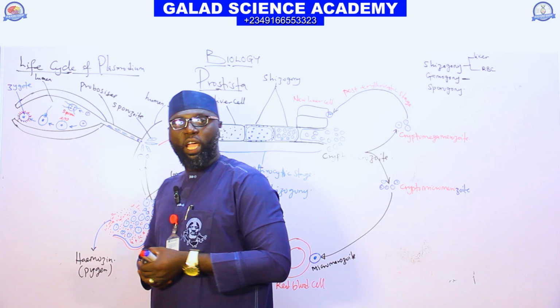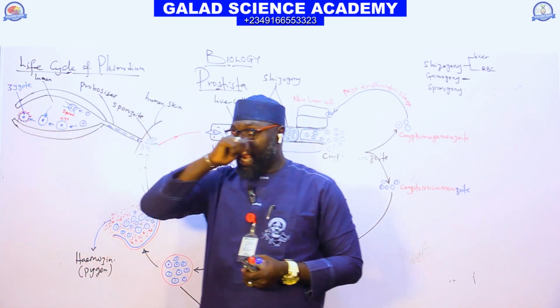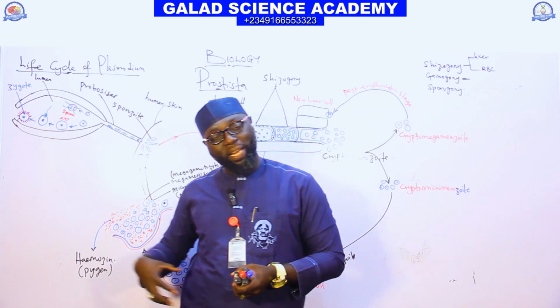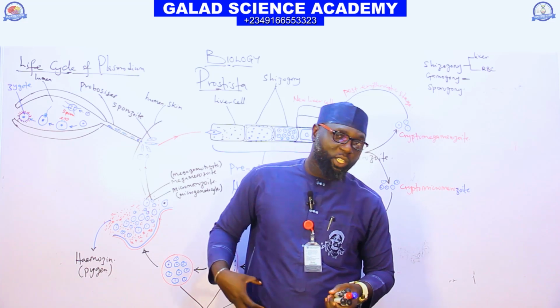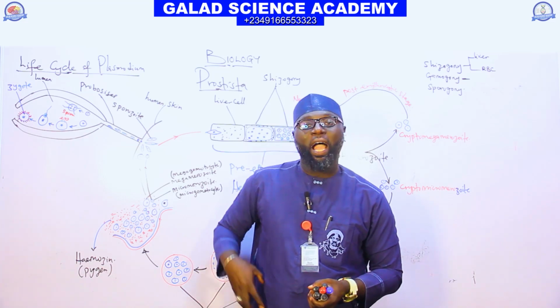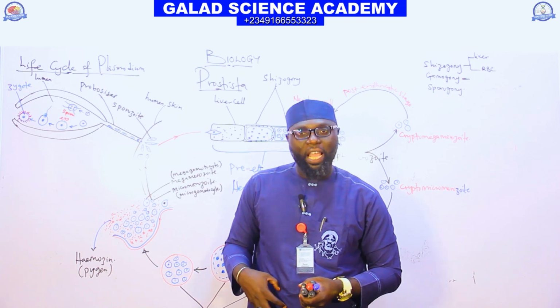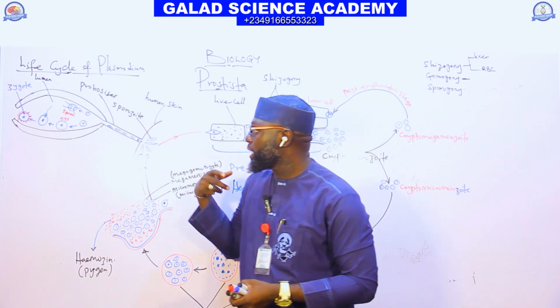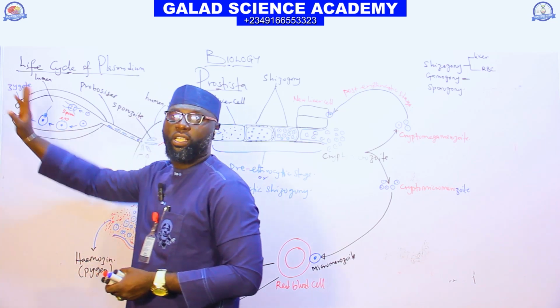And if you remember, this zygote we have here is a motile zygote. Like in humans, when sperm and egg are fertilized in the human reproductive system, the fertilization takes place in the fallopian tube, and the zygote will stay there. The zygote there is not a motile zygote like the one you have here.